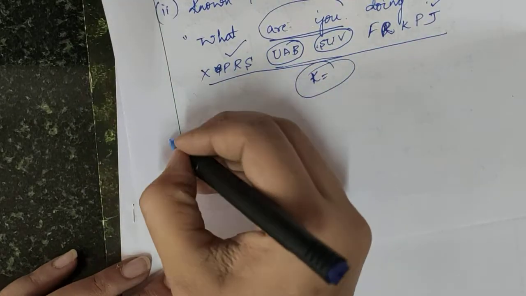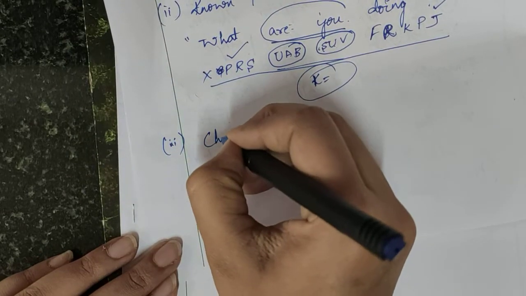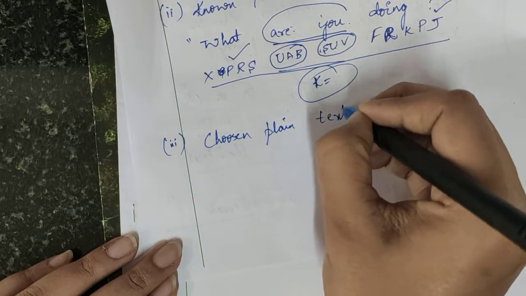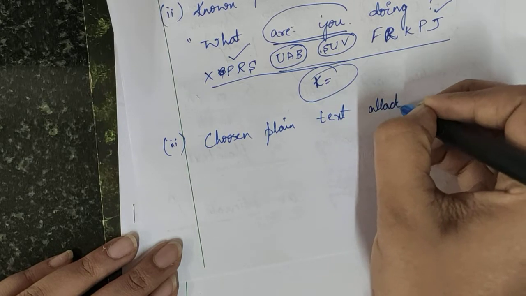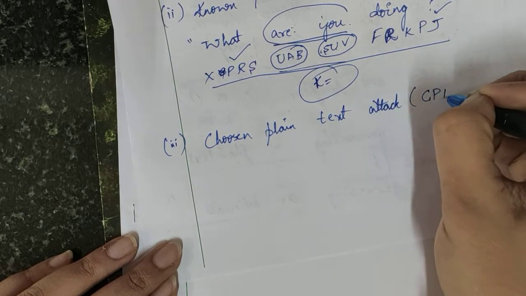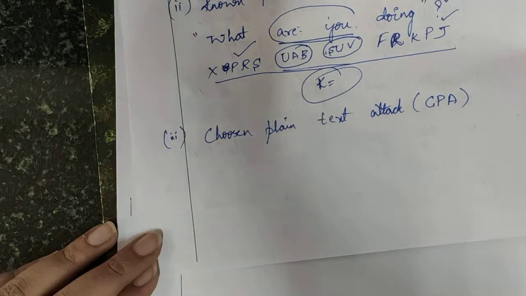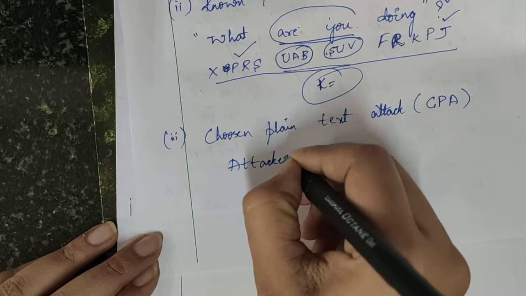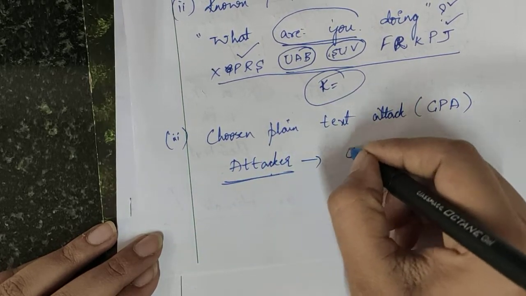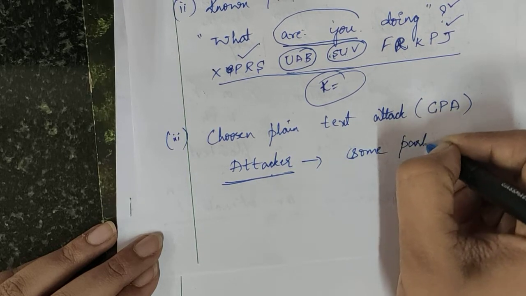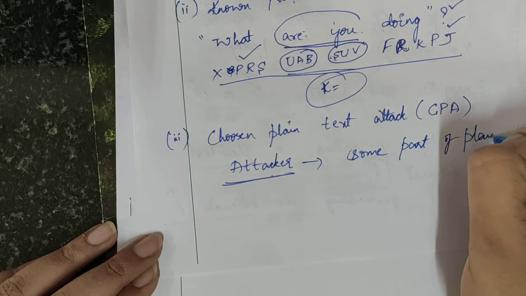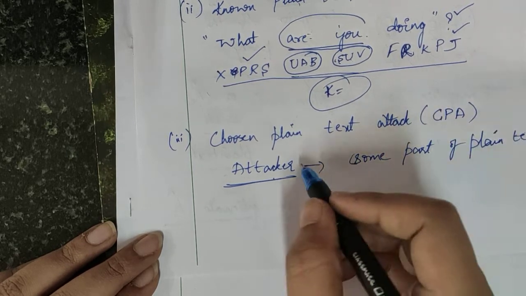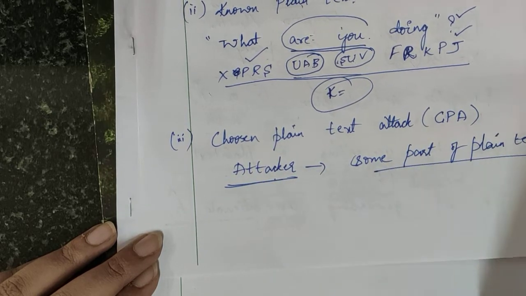Okay. The next one is chosen plain text attack. We can represent that as CPA. In this method, the attacker already has some part of the plain text.